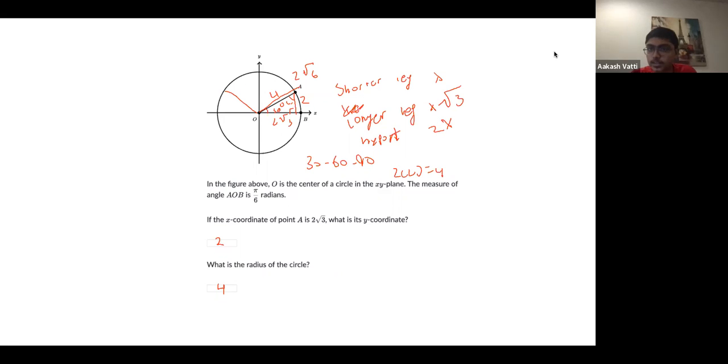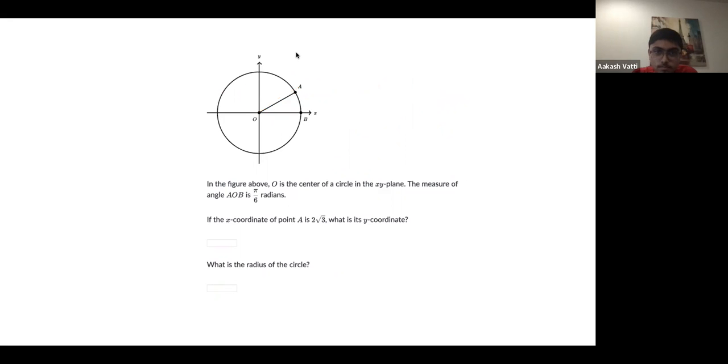So the other way of doing this is a little bit more complicated. Since the x coordinate of A is equal to r cosine theta, you have to solve for r first.